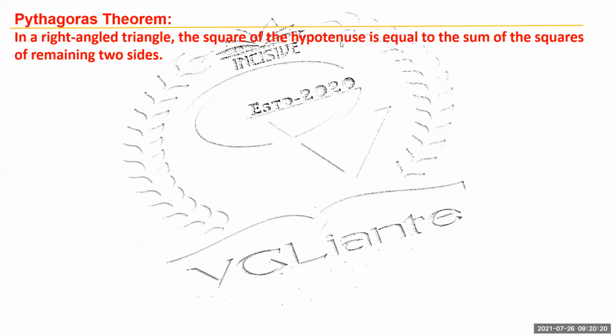In a right angled triangle, the square of the hypotenuse is equal to the sum of the squares of the remaining two sides. Is this clear? Any difficulty, students, in getting this? You can all let me know.